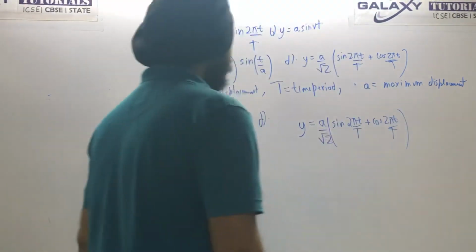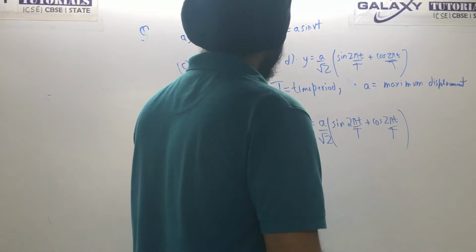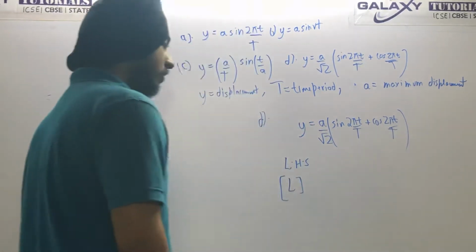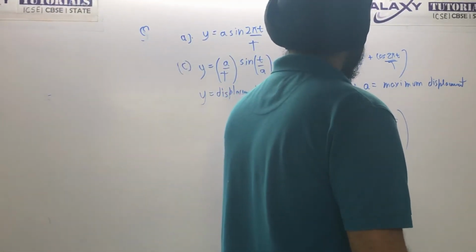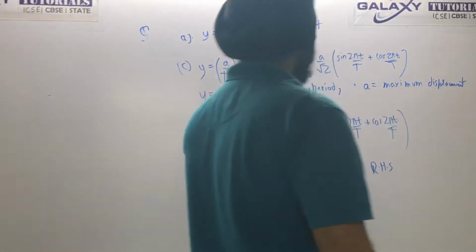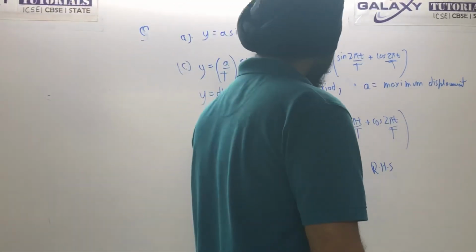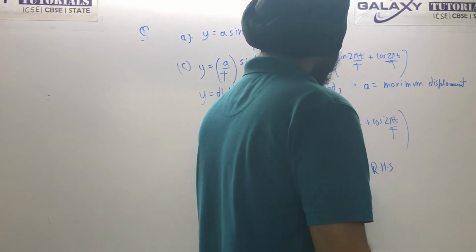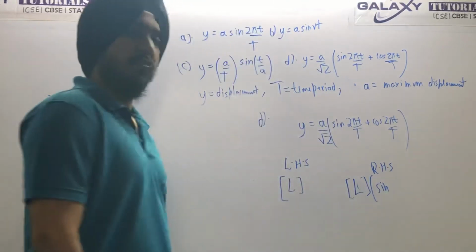Just first start with the left hand side. Left hand side is y, which will be L. So this is okay, not a problem here. RHS is A root 2. Root 2 is a constant, so no need to write that. A is basically maximum displacement, so that will be L. In the bracket, sin 2 pi is also a constant, so no need to write that.